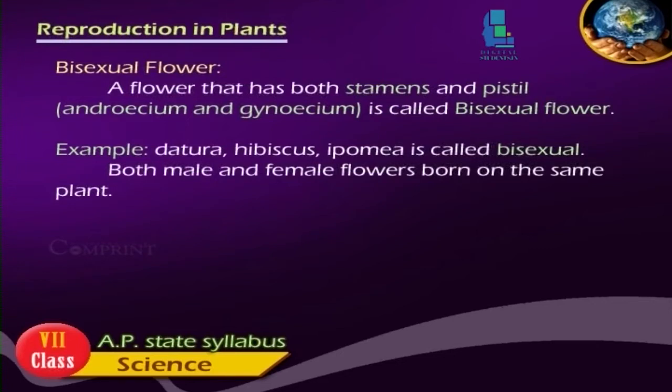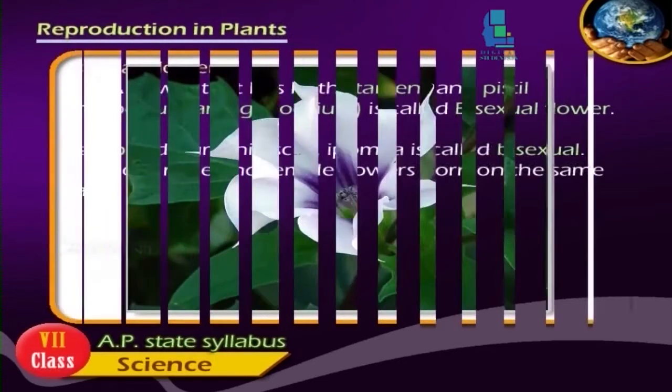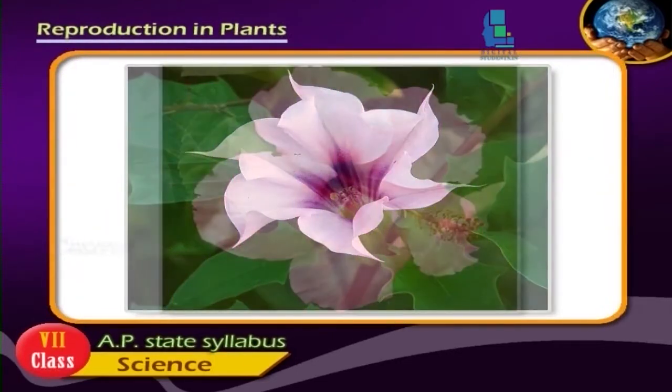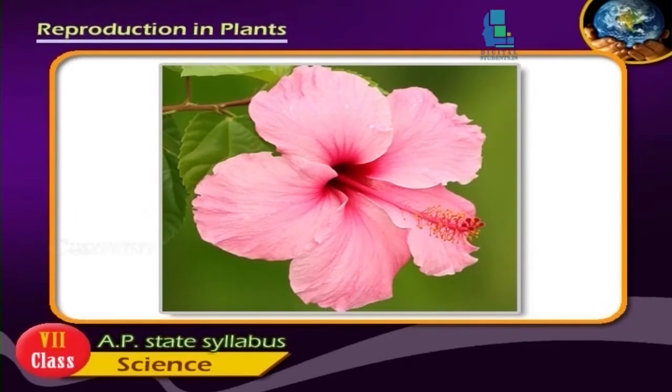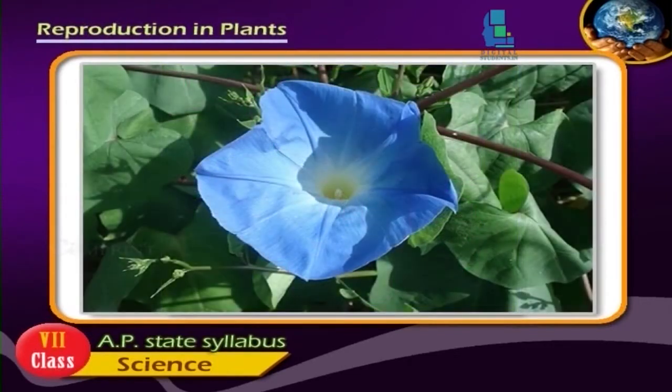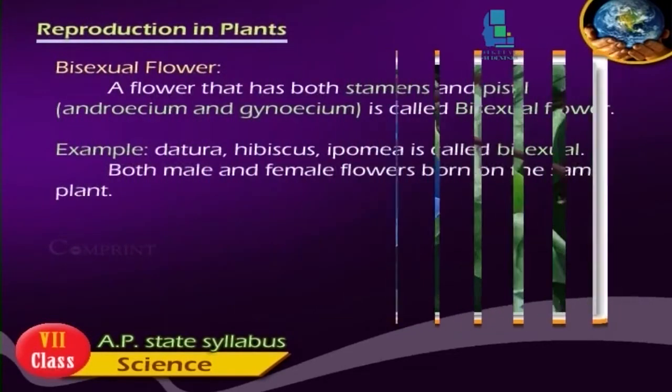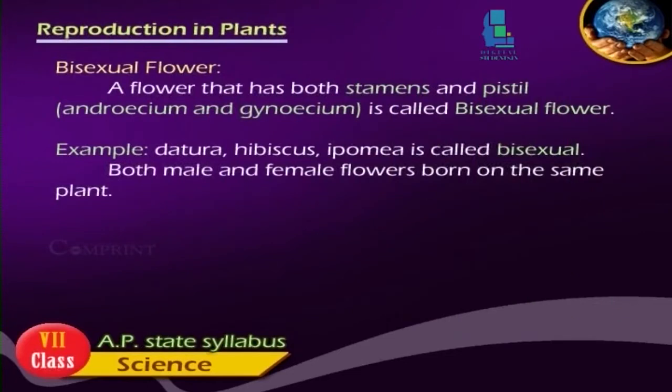A flower that has both stamens and pistil is called a bisexual flower. Example: datura, hibiscus, ipomoea. Both male and female flowers are borne on the same plant.